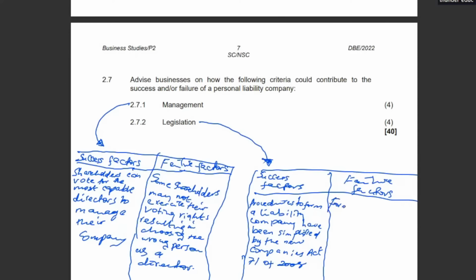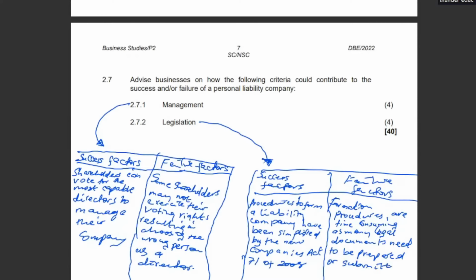Formation procedures are time consuming, as many legal documents need to be prepared or submitted.